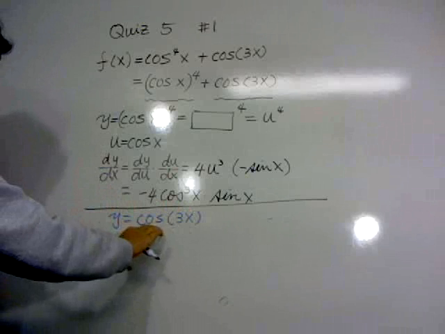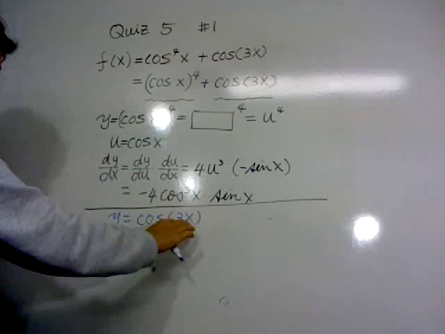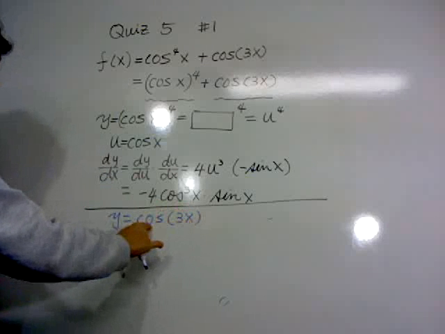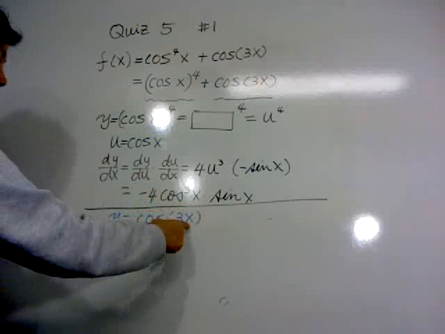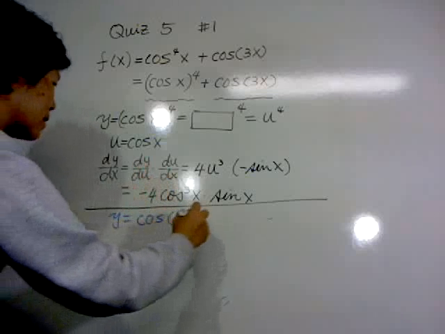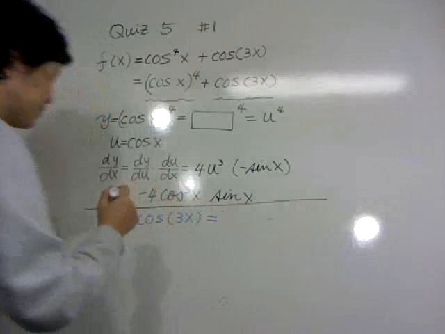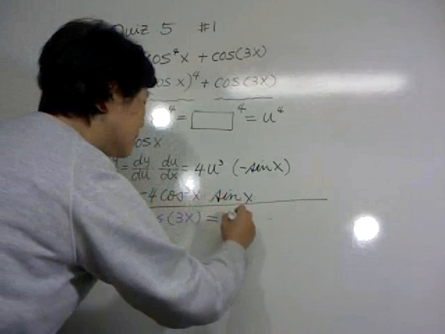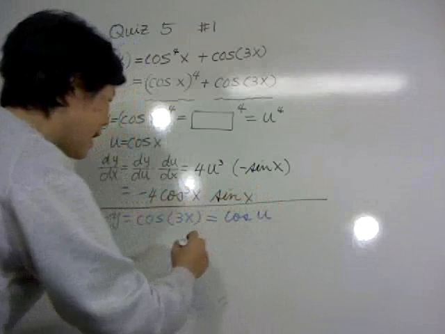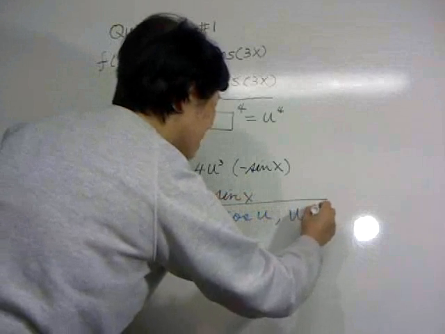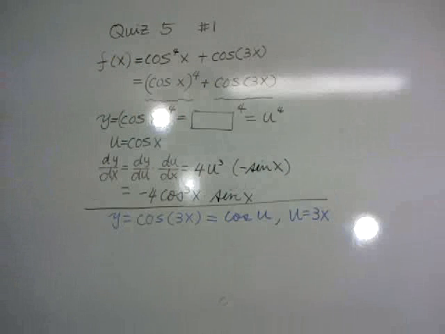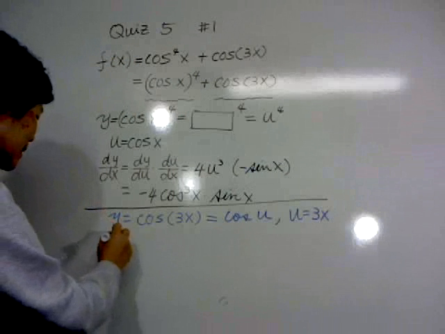Well, cosine 3x is used as a variable for the cosine function. So cosine is the outer one, and the 3x is the inner one. So you can make this one as y equals cosine u. And of course, u is 3x.